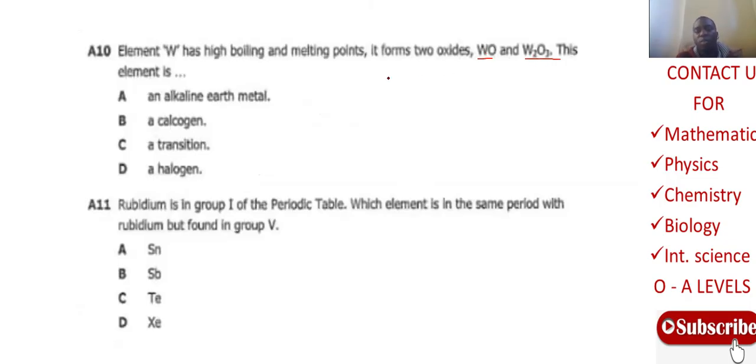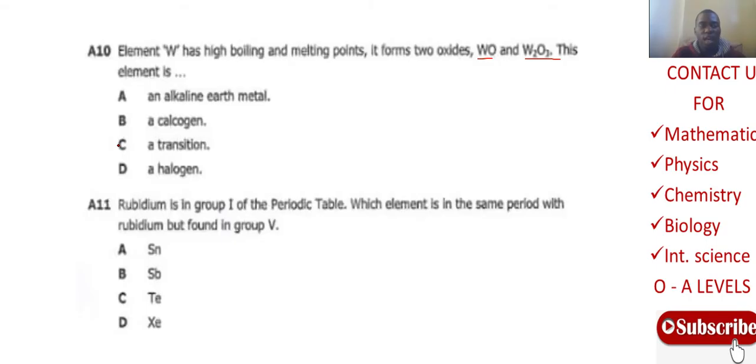Now, when you look at the periodic table, all the way from the alkaline earth metals, transition elements, the halogens, and all the way up to the noble gases, it is only transition elements that have the ability to have different valences. So the correct answer is transition element.